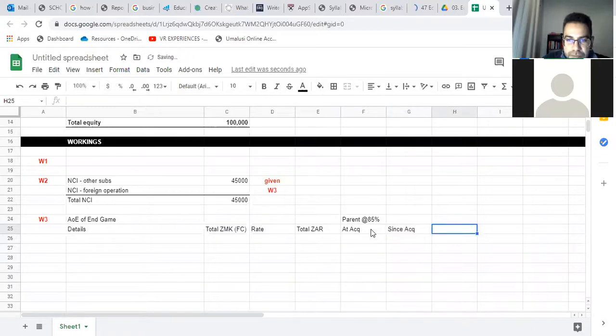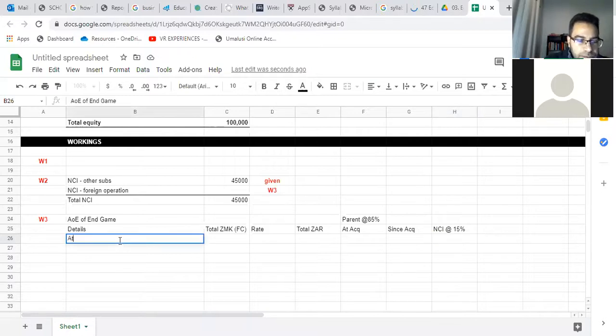And then we're going to have NCI at the difference, which is 15%. So all we're going to do, remember, at acquisition would be as follows. So at acquisition, which is 1 April 2018, we do the at acquisition line items.